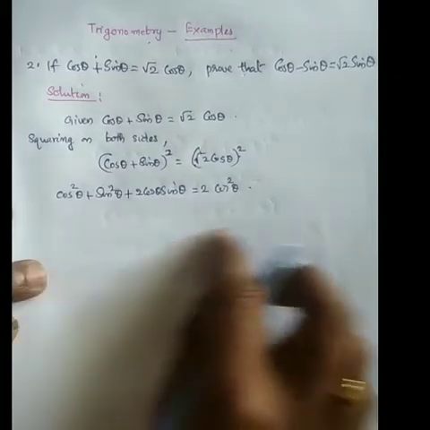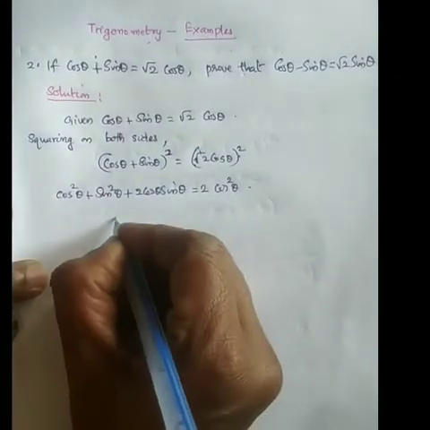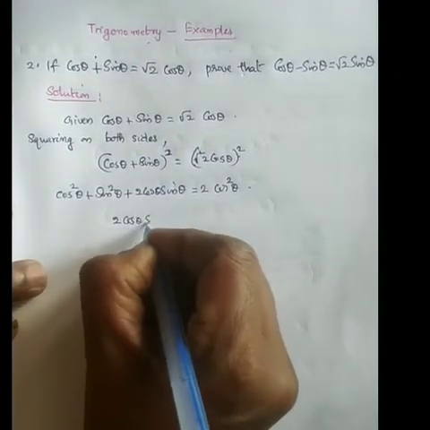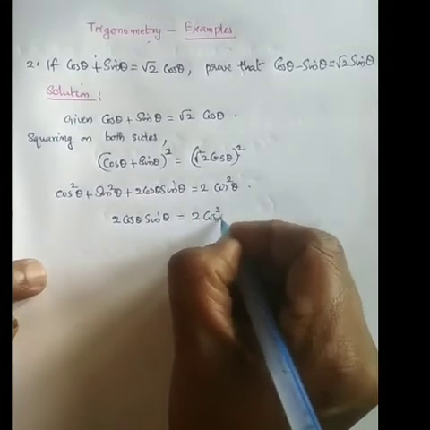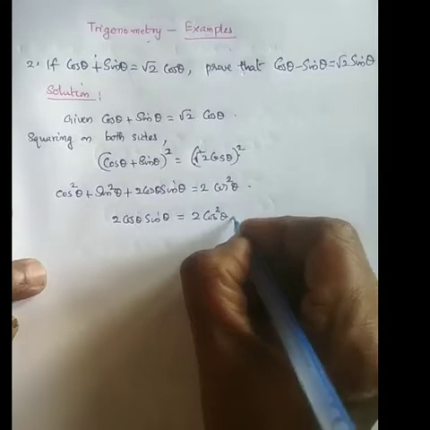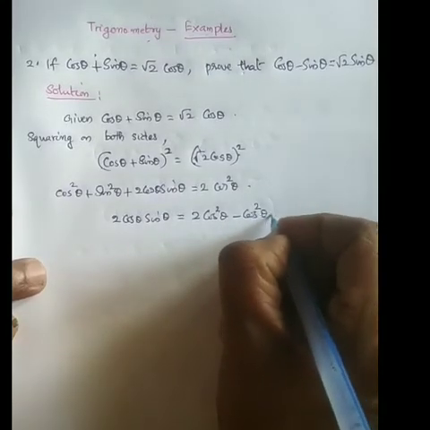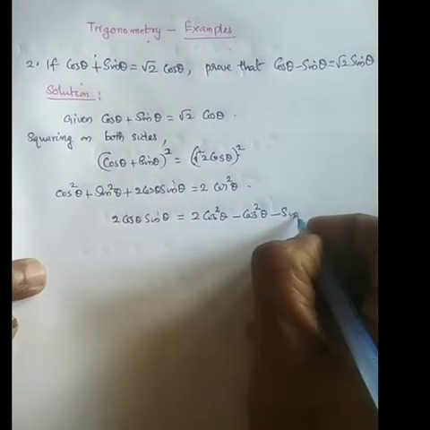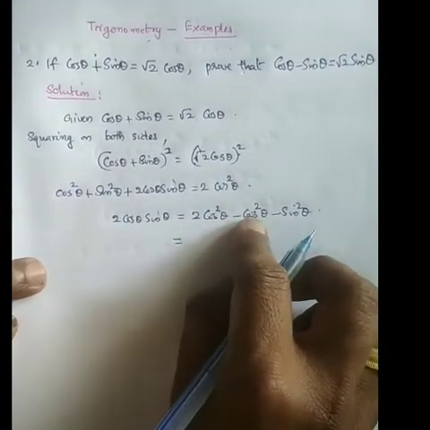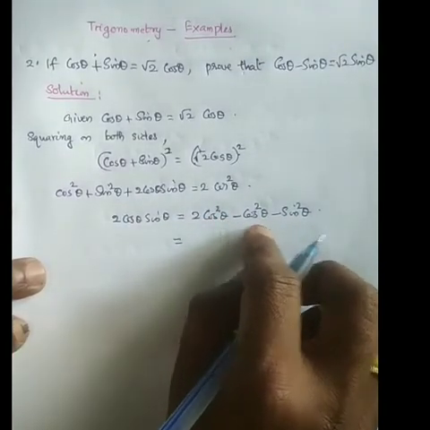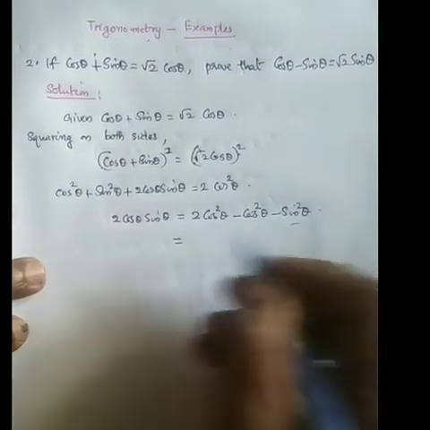By rearranging this equation, we get 2 cos theta sin theta equal to 2 cos square theta minus cos square theta minus sin square theta. That is 2 cos square theta minus cos square theta is cos square theta, and this sin square theta.